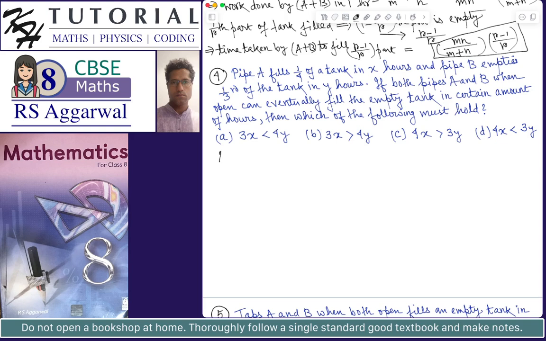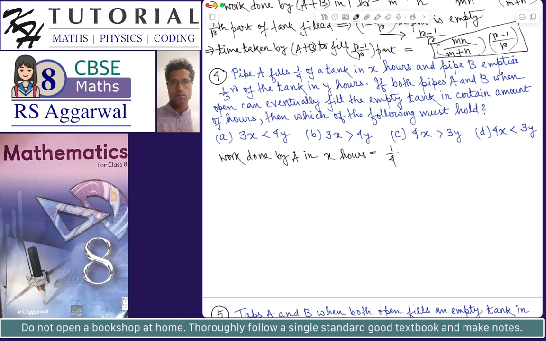This means that work done by A in X hours is equal to 1 by 4.